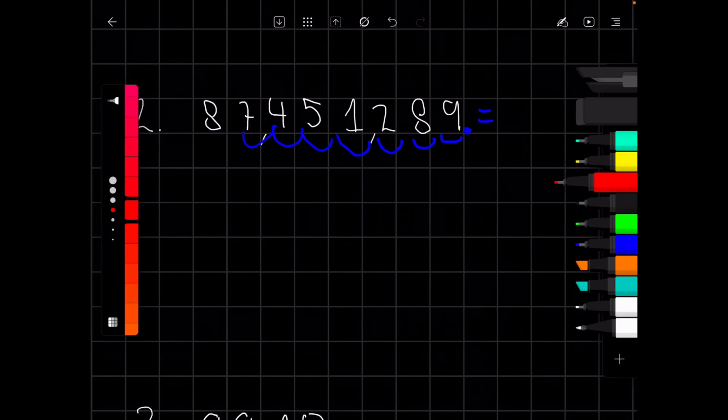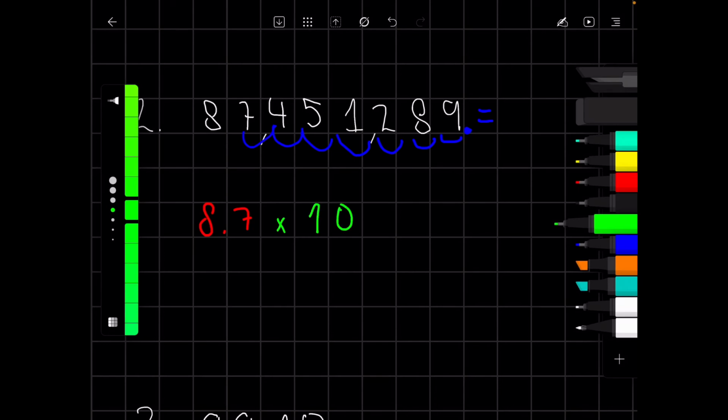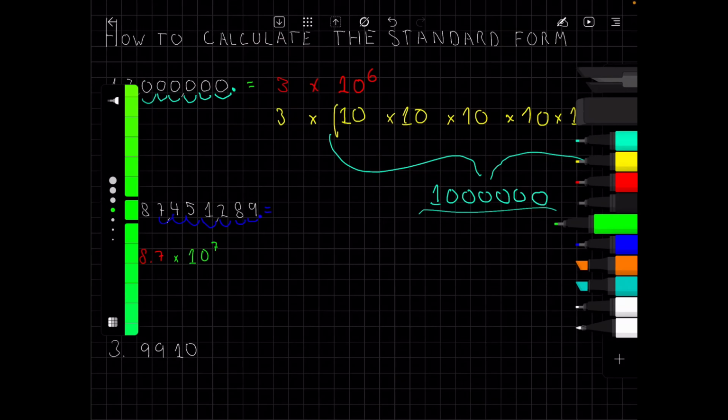So that would equal 8.7, because we've moved the decimal place 7 times. And what that means is that we will do times 10 to the power of 7, and that is our answer for question 2. You see, it's really quite easy in the end.